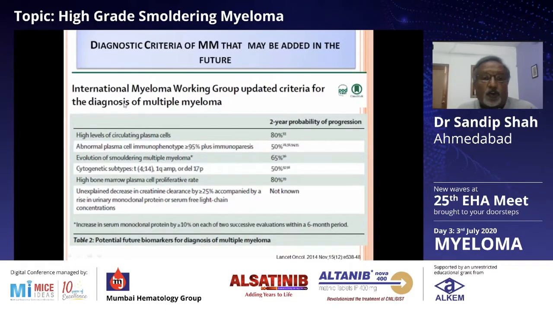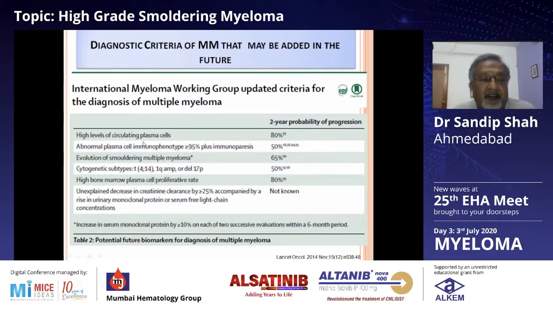So these were the risk factors which were discussed, and these are the potential future biomarkers for the diagnosis of multiple myeloma. In future, if these factors are positive, then maybe patients will be treated as multiple myeloma, like ultra high risk smoldering myeloma.